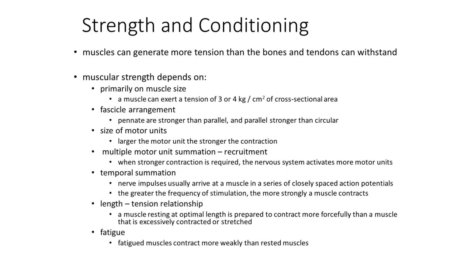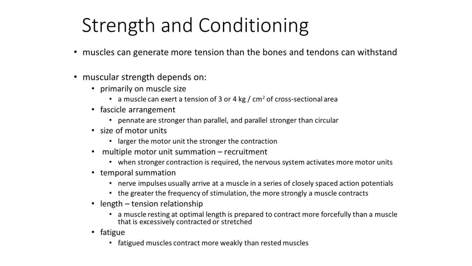Strength and conditioning. Muscles can generate more tension than the bones and tendons can withstand. So, muscle strength depends primarily on the muscle size, the fascicle arrangement, the size of motor units, the motor unit summation, temporal summation, the length-tension relationship, and fatigue.